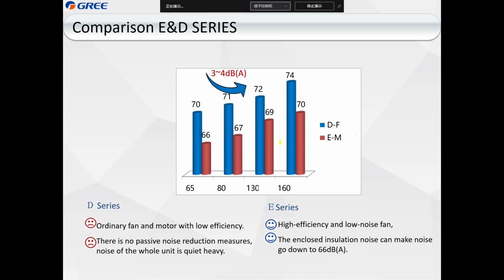We see the E series noise level is lower than the D series, for every module, not only one module. For 65, 80, 130, both decrease the noise. This is the E series.